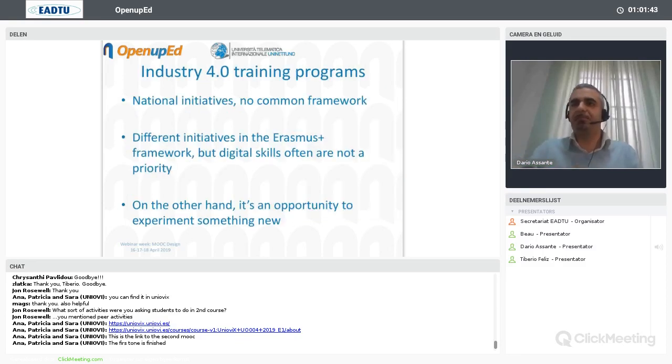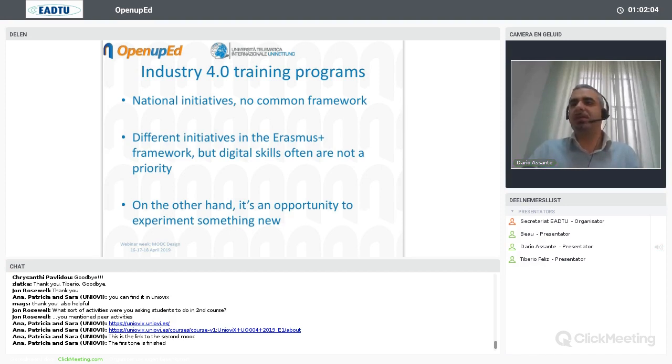The same happens about training on Industry 4.0. There are the European qualification frameworks on Industry 4.0. It's possible to find that in each different country there is a different approach.